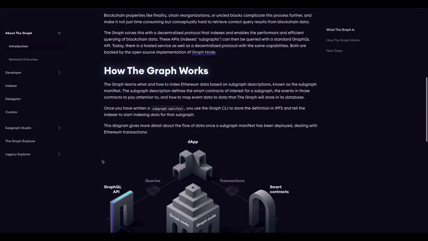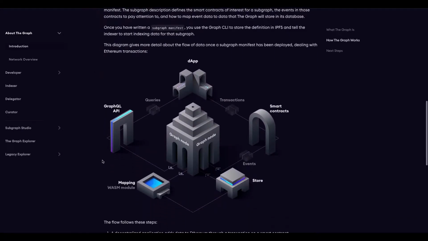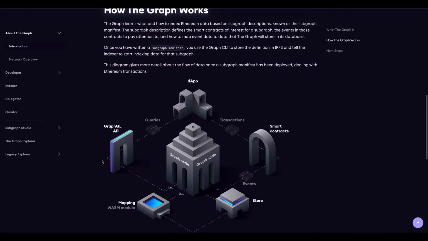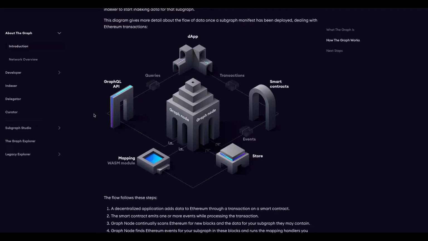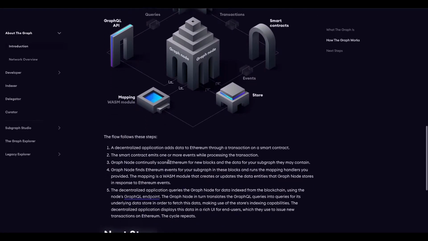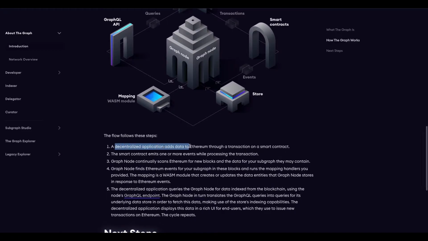This goes to how The Graph works in more detail. This is a little diagram that they showed to give you a better basic understanding of what happens in The Graph. The following steps: a dApp adds data to ETH through a transaction on the smart contract.